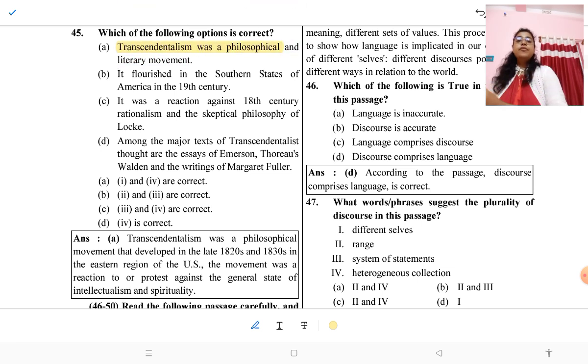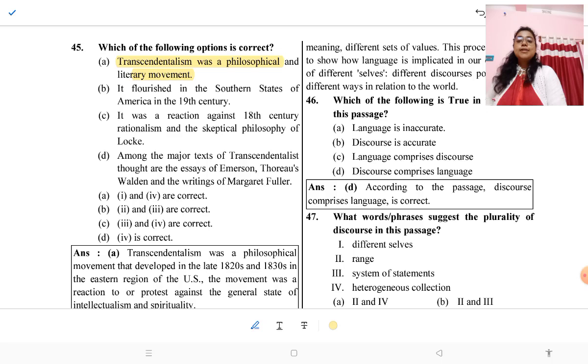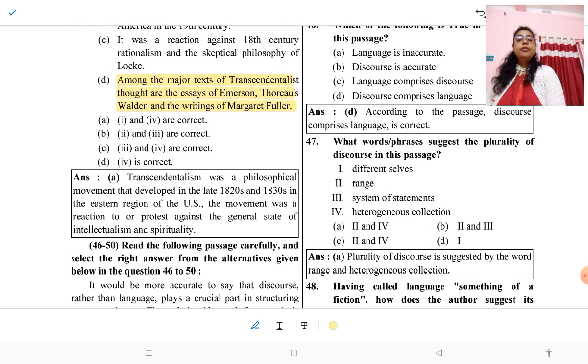Transcendentalism was a philosophical and literary movement. Among the major texts of transcendentalist thought are the essays of Emerson, Thoreau's Walden, and the writings of Margaret Fuller.